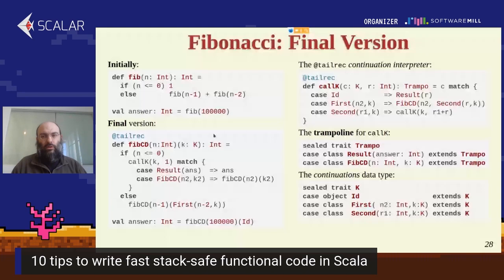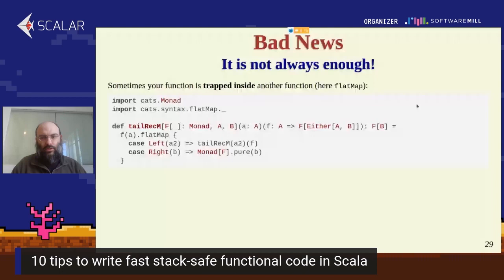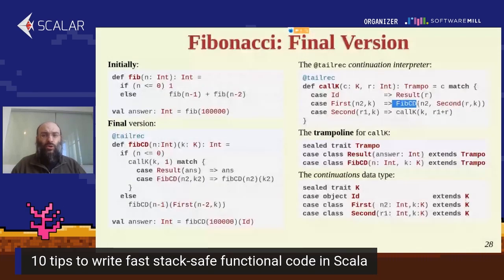And the trampoline is just there. Because if we're calling in Fibonacci, we are calling the interpreter. So that we are calling callK. In callK, we were calling fib. And so we had a mutual recursion using the trampoline.